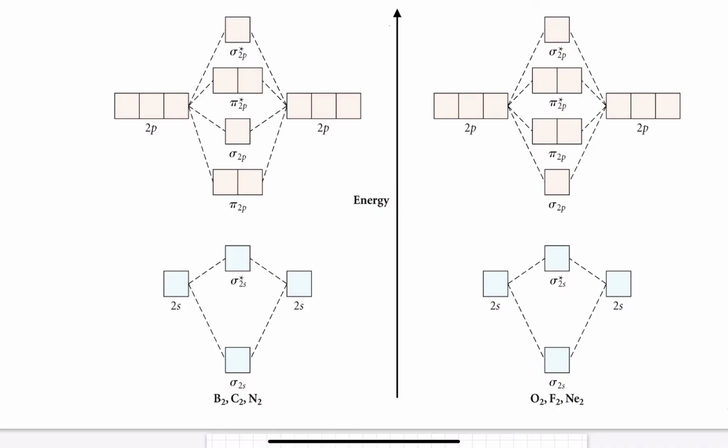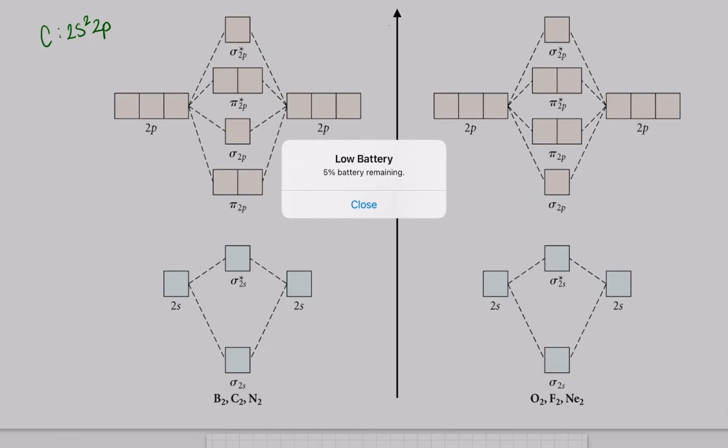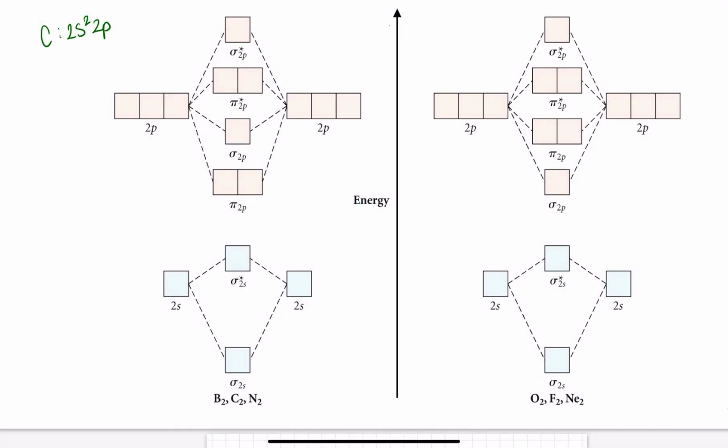So the first one we're going to do is, sorry, I don't have my glasses on, but it's carbon. If I look at carbon, 2s2, 2p2. So I've got carbon on each side: 2s2, 2p2, 2s2, 2p2.